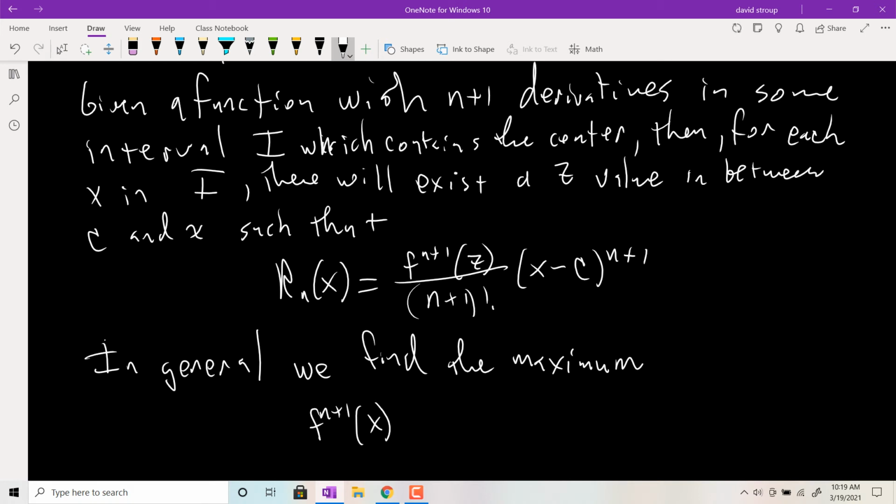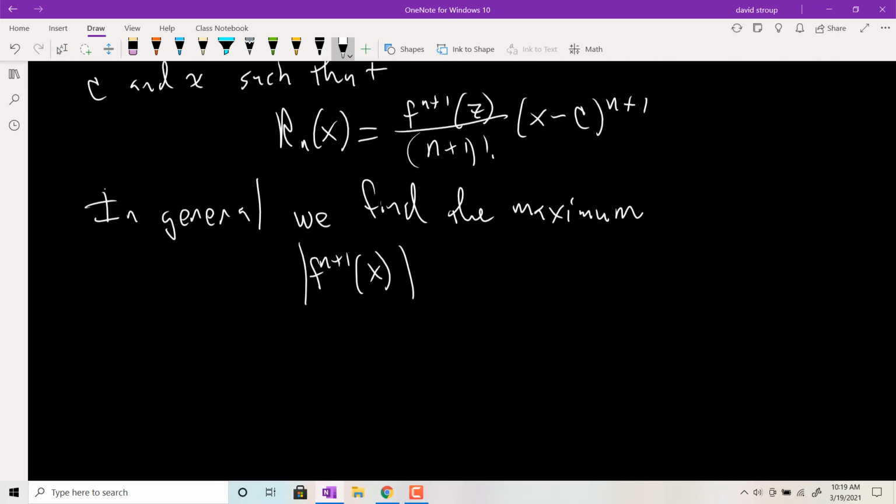And it's not just the maximum of that, it's the absolute value of this thing that we're wishing to maximize. So we find the maximum of this object on the interval from x to c. It could be c to x or x to c.